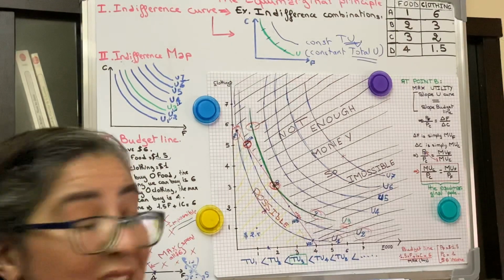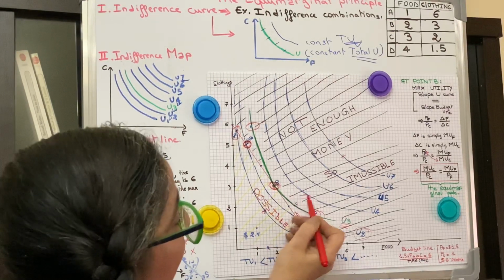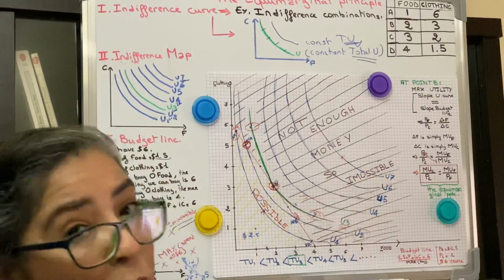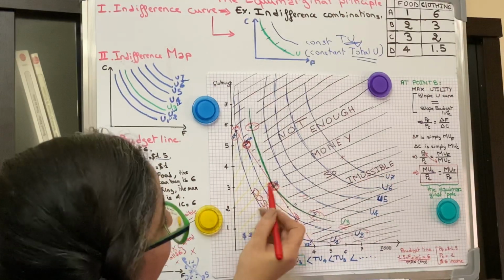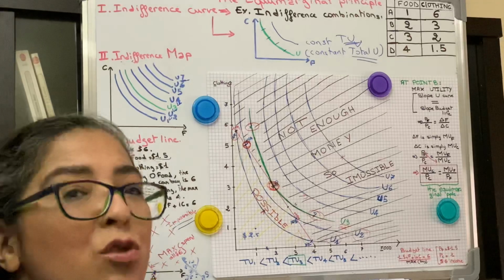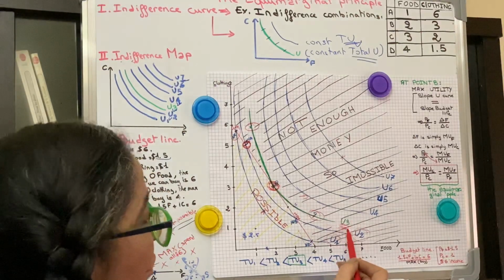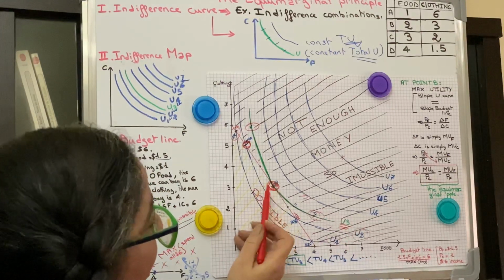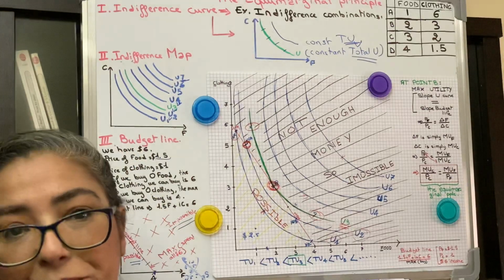You can't be on another utility curve because it's within the impossible zone. So the only place you can be with the highest utility is utility 3 with point B.